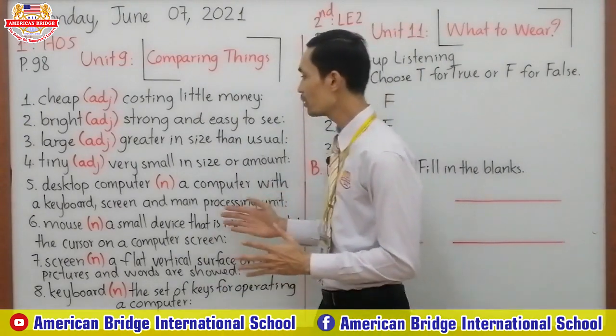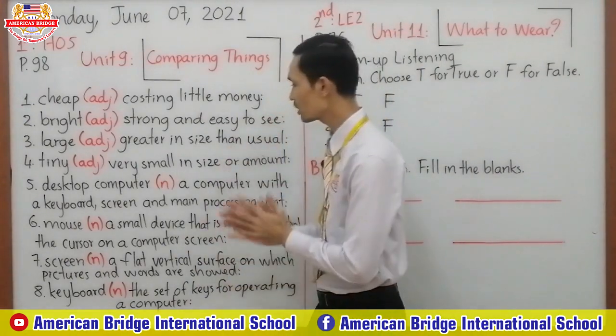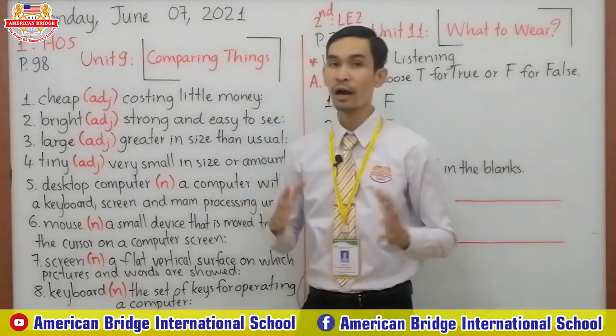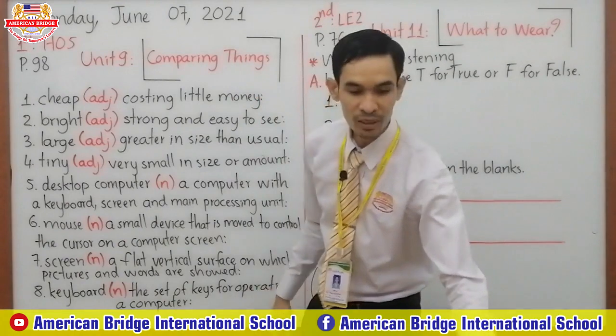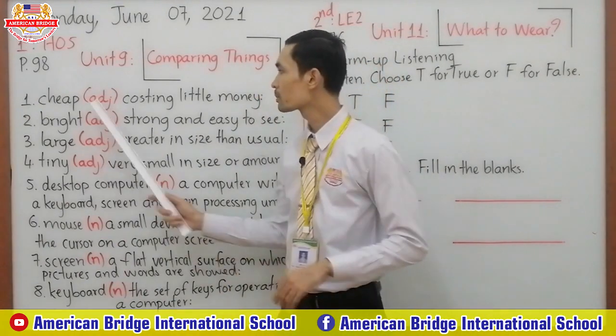Okay, so now you can look at the whiteboard all together. Before I teach you the definition or the meanings of each word, I would like you to read all the words with me first. Okay, so now start reading the words with me.